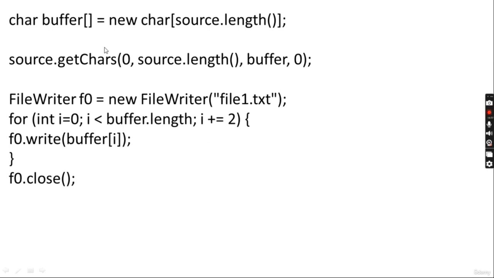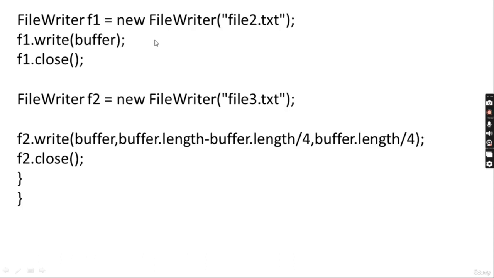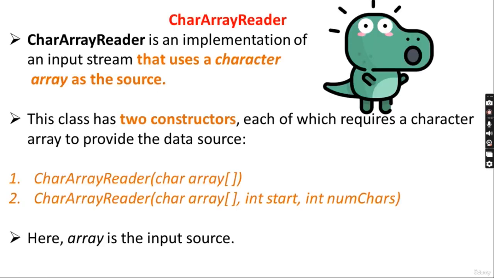From buffer.length, this array has the source.length equivalent, and you are getting the characters, and this particular buffer will be written to a file with f0.write(buffer[i]), and then f0.close. Then f1.write(buffer), the complete buffer, will be written to a particular file, file2.txt. In the third one, the quarter, that is divided by 4, one-fourth part will be written to a particular file, that is, the last quarter: buffer.length minus buffer.length divided by 4. Then close the file object.